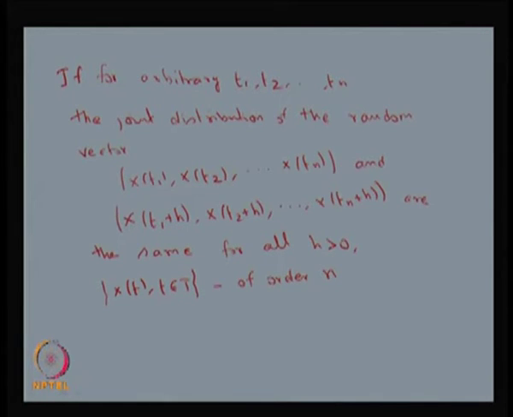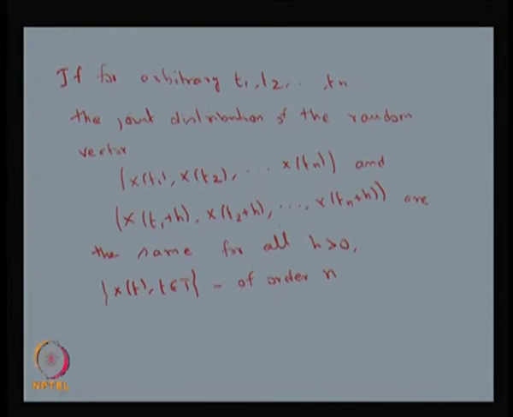With the same shift h, you do it with t2, so the random variable is x of t2 plus h. Similarly, the nth random variable was x of tn earlier, now you have x of tn plus h. So, you have another random vector with n random variables and you find the joint distribution of that.